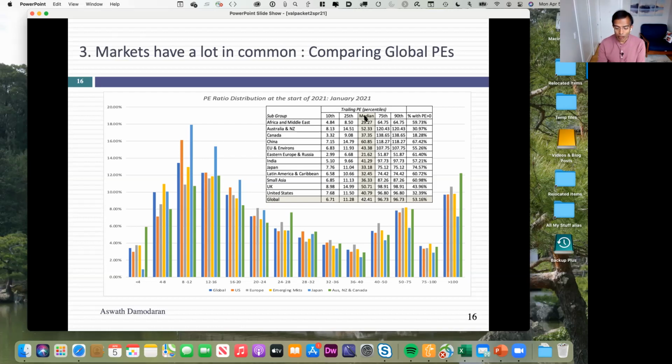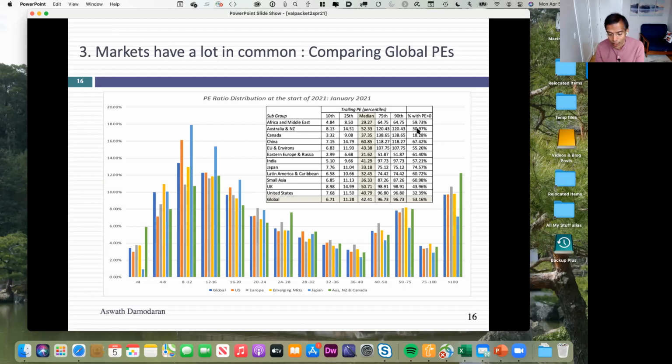So compare across markets. You know what the cheapest market at the start of 2021 looks like if you just focus on PE? The median PE is lowest in Eastern Europe and Russia. Don't do anything crazy and sell all your stocks and buy Eastern Europe. But you can see how markets compare on PE. The market with the highest percentage of money-losing companies is the US, with almost 68%.